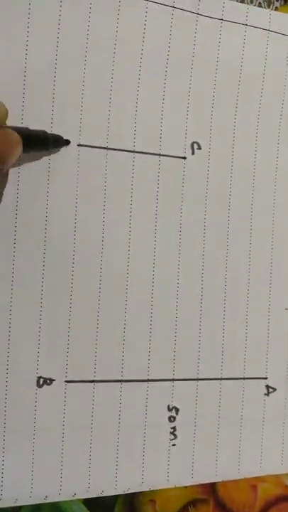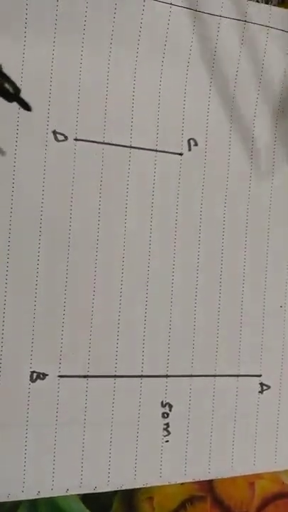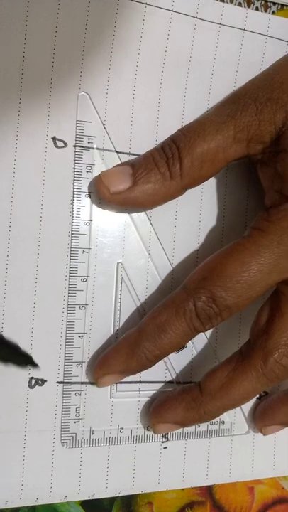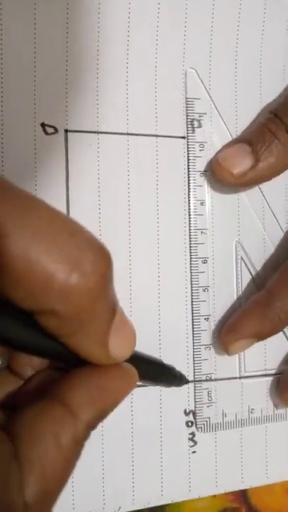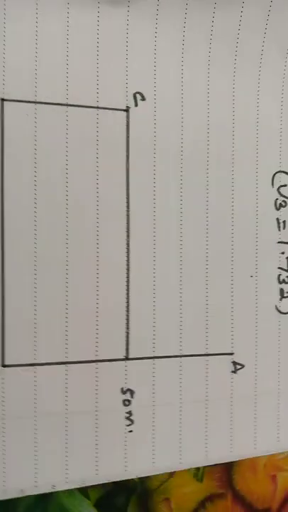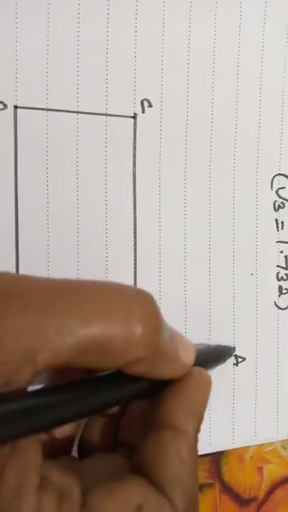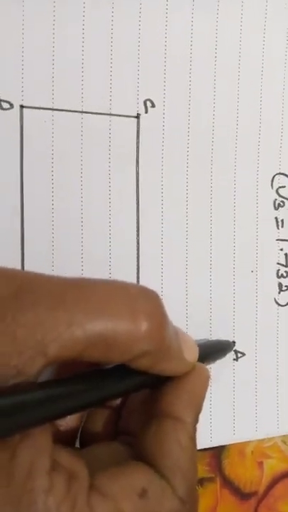Let us name the tree C and D. Join the ground level and this horizontal level also join. What is given now? From the top of a tower, the top, this one, point A.